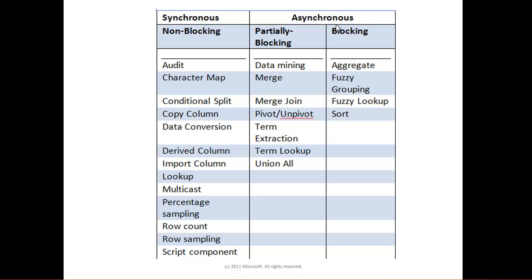For your asynchronous transformations, you have things like sort, aggregate, and merge join, or joining the data. These three are the more popular ones that I've seen in use, and if you're not careful, they can cause the most headache around performance of Integration Services. It's because these are asynchronous. These are fully blocking operations.